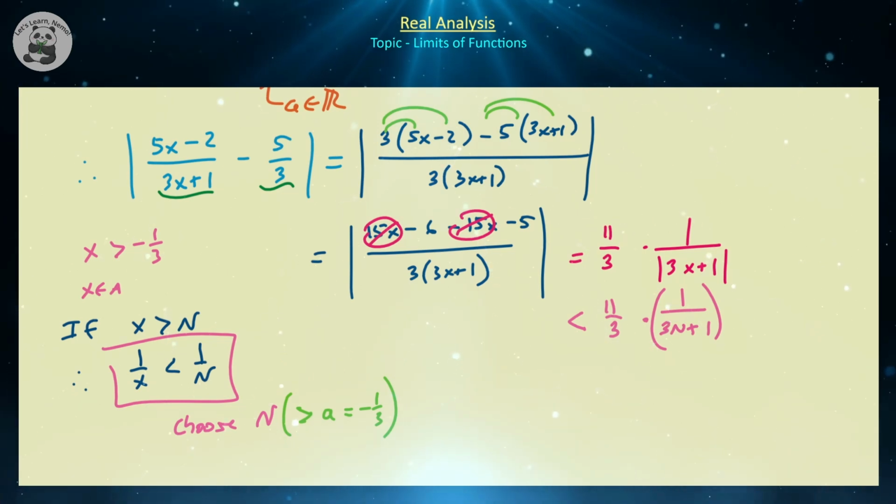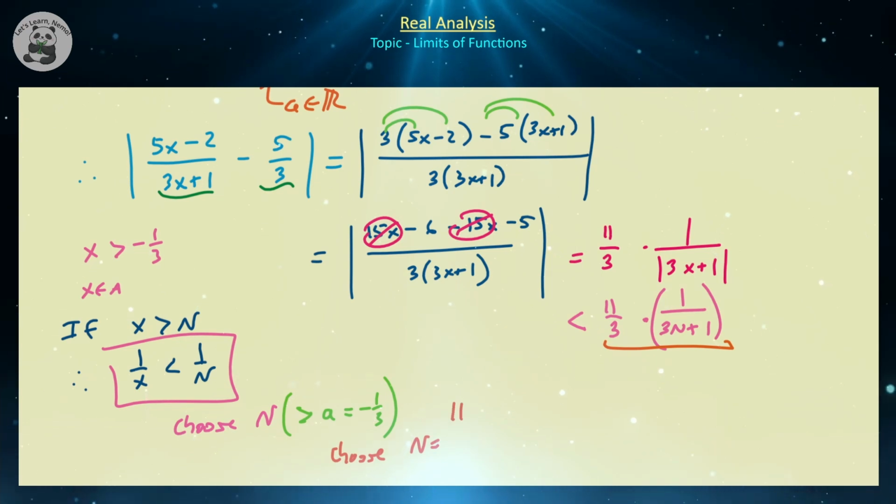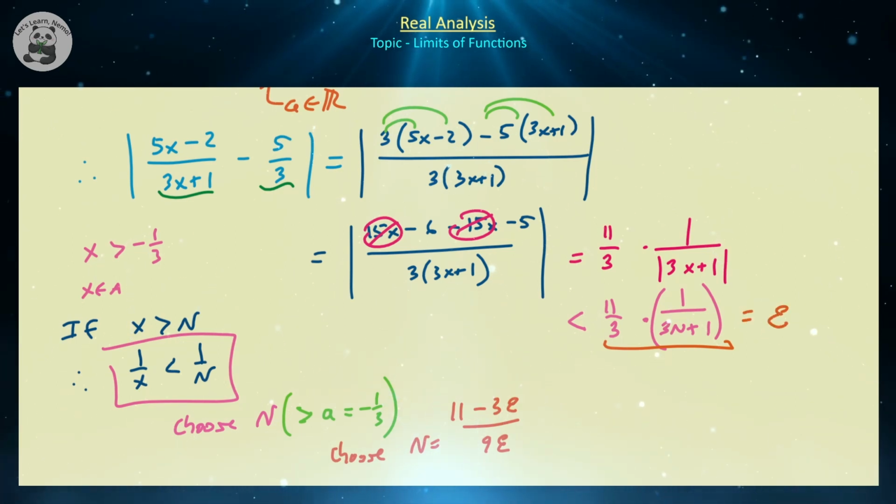So technically, as long as you can choose a positive number such that it produces less than epsilon, then we're safe. So we're going to choose our n, and you can do some math in here to figure this out, but I'm going to choose my n to be equal to (11 minus 3 epsilon) all divided by 9 epsilon, because once you do that, that's going to give you your epsilon there.